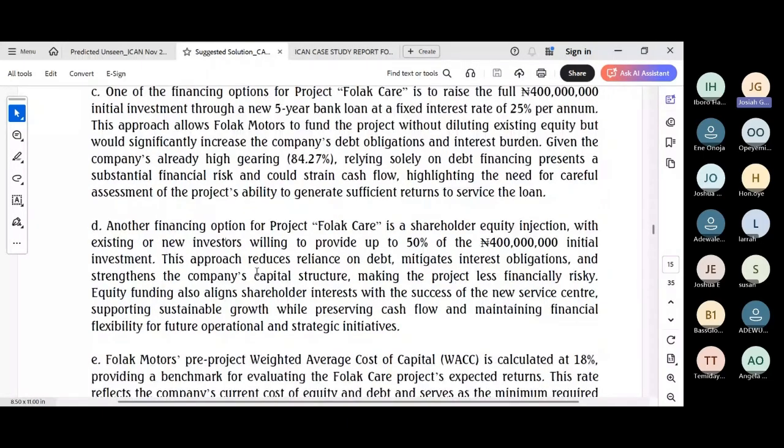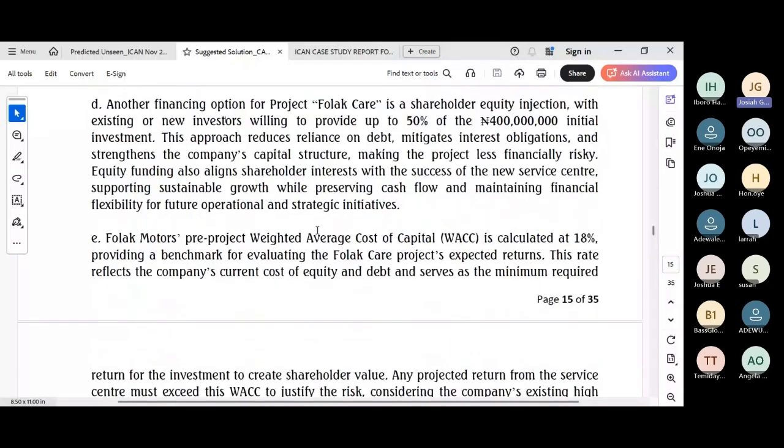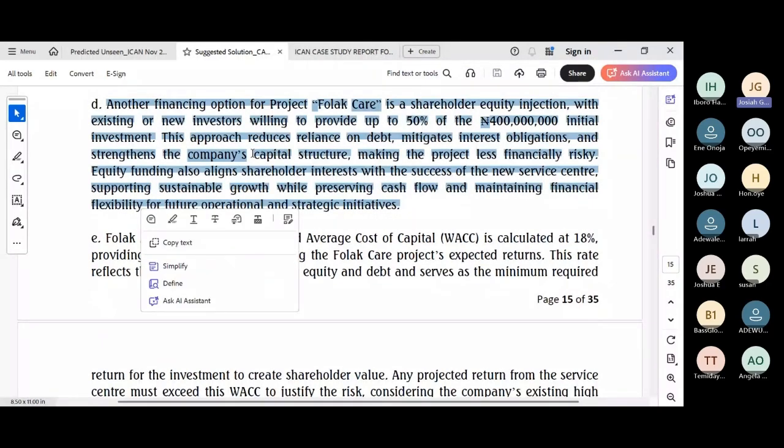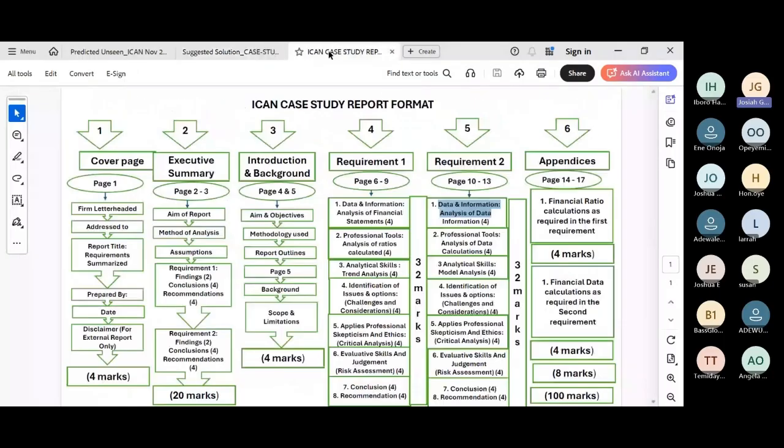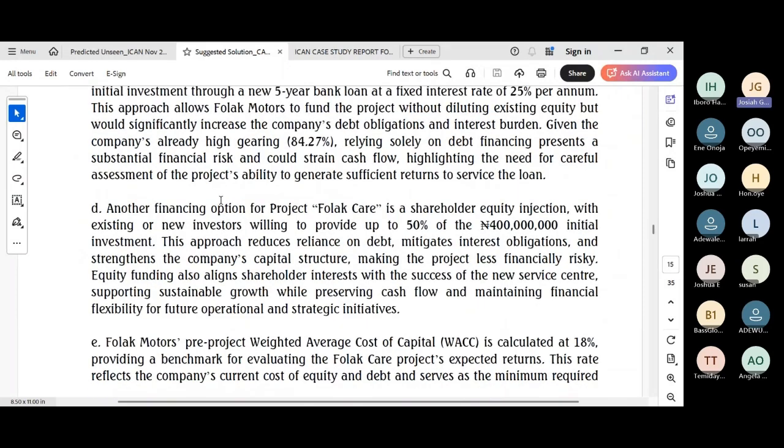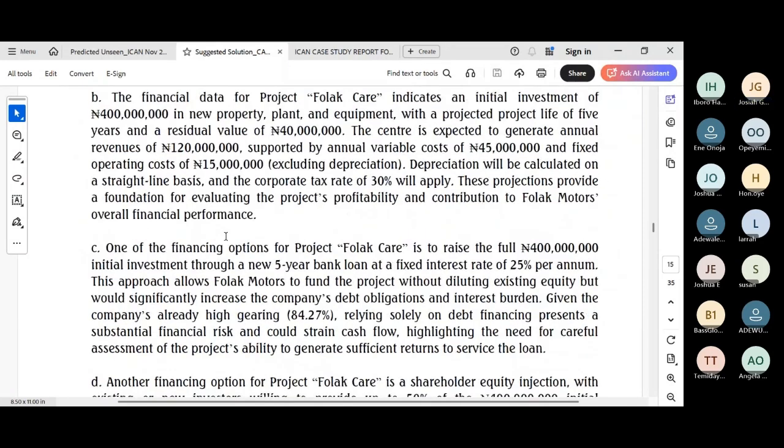Then another option is for the shareholders to inject 400 million, 50-50 debt, 50-50 equity. So if you provide a discussion of whatever is provided in the scenario, you've used information and data in the exhibits to pick 4 marks from this first box.